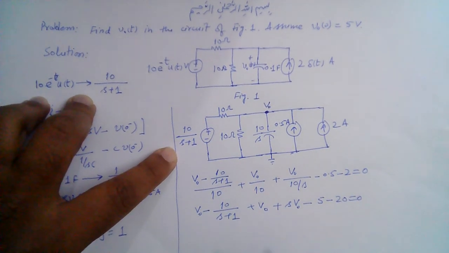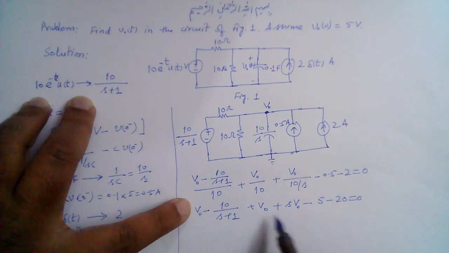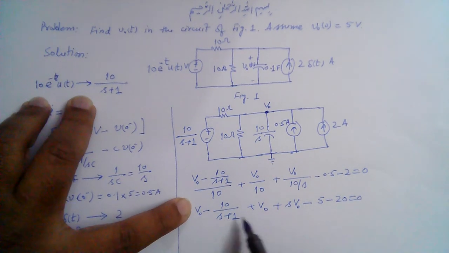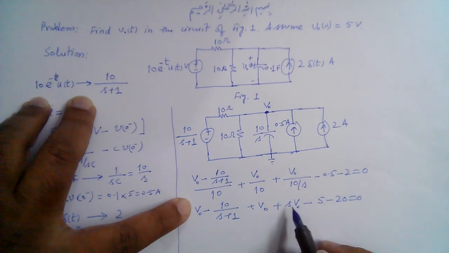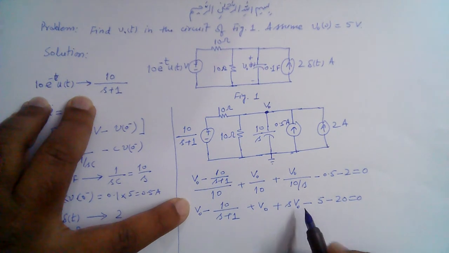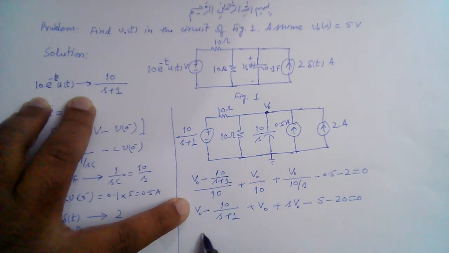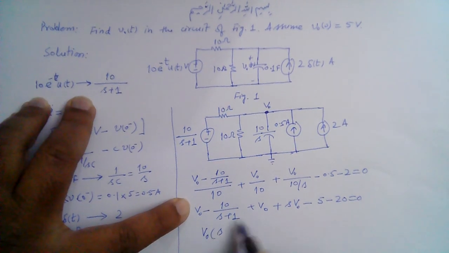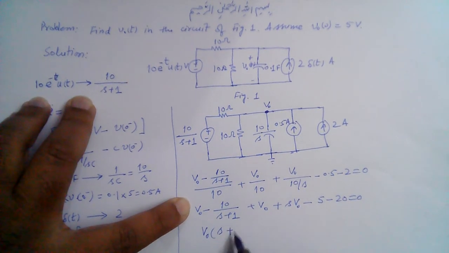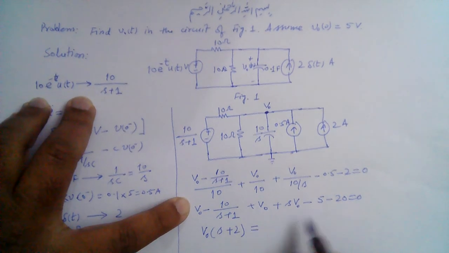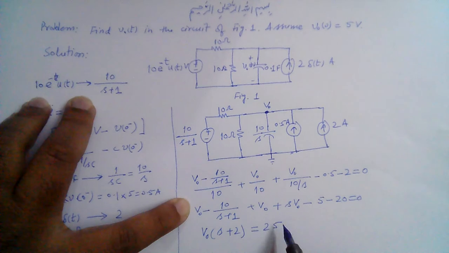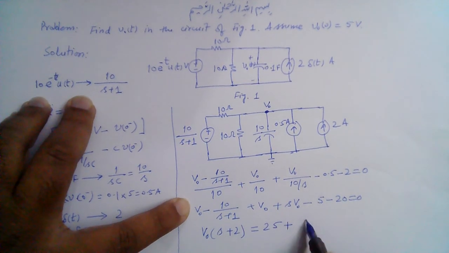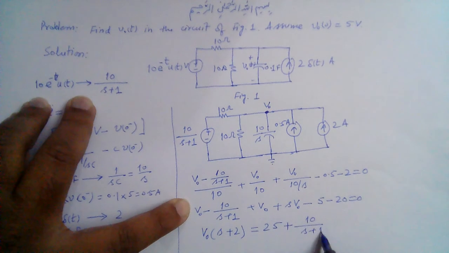So that becomes, this is a constant term. We take V naught terms separate, so this will be V naught into s plus 2, right? And that will be equal to, this is 25 and this minus turns positive here, this is 10 over s plus 1.